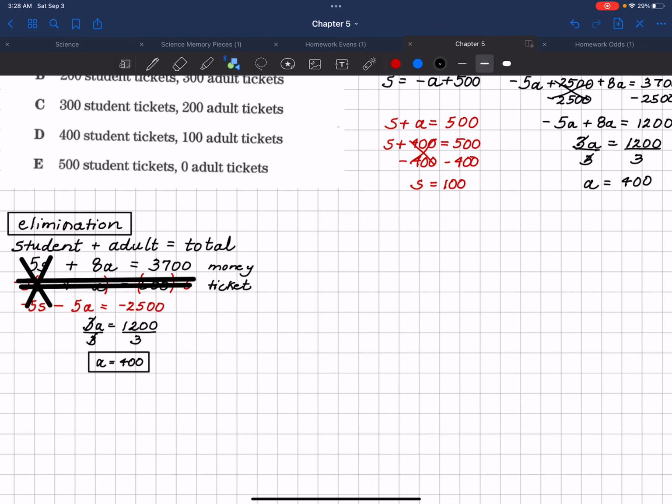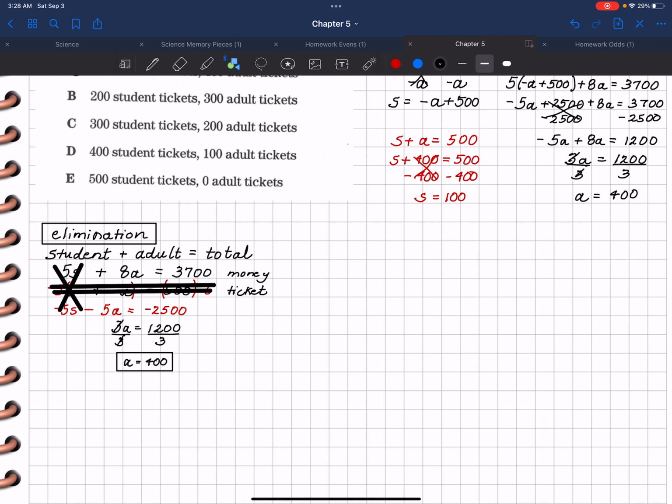And then you would have to substitute back into an equation to get the students. So 5S plus 8A is 3,700. And so that's 5S plus 8 times 400. We did this once, didn't we? I don't know. No, I used the other equation.